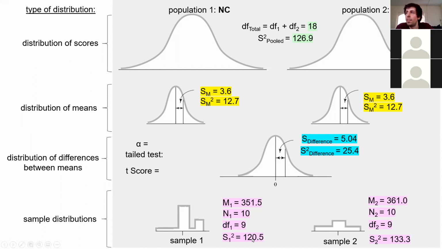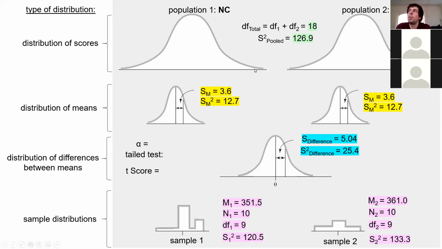So in our case, if you had calculated the pooled variance and got a score of 150 as the variance, you know that's going to be impossible because the pooled estimate of the population variance has to be between the 2 samples.